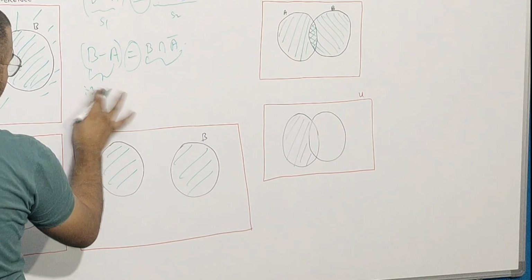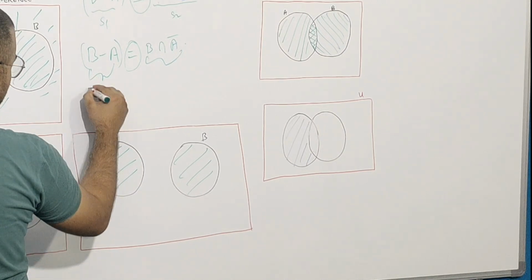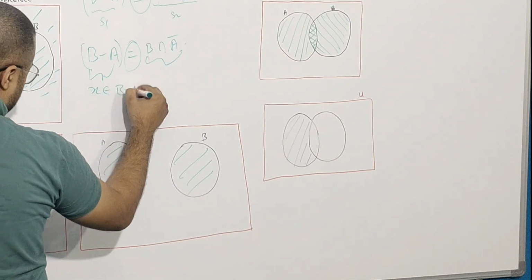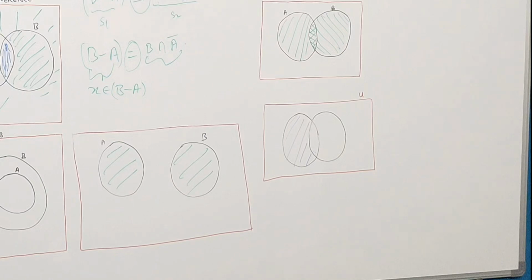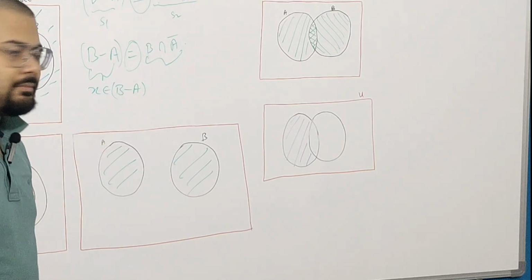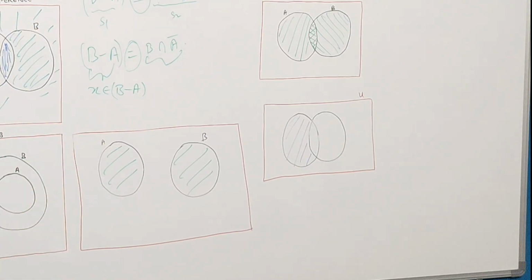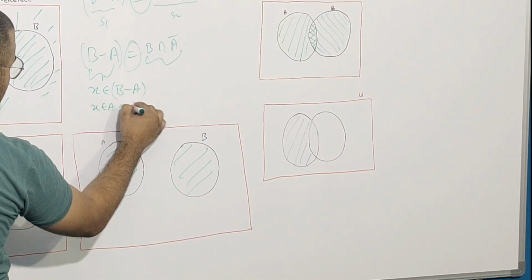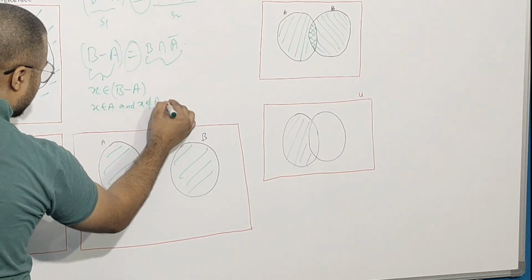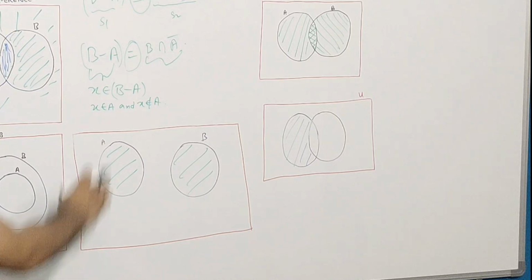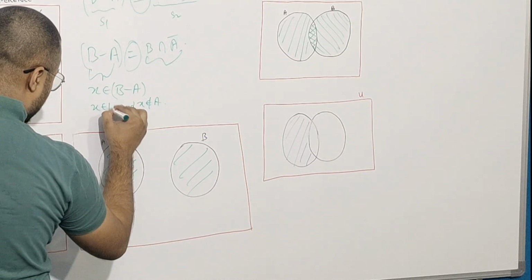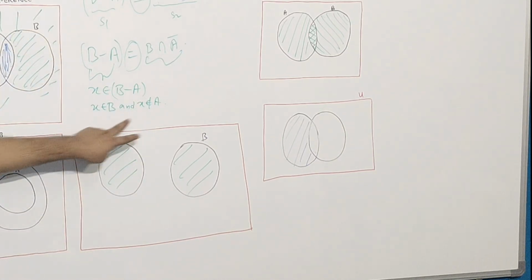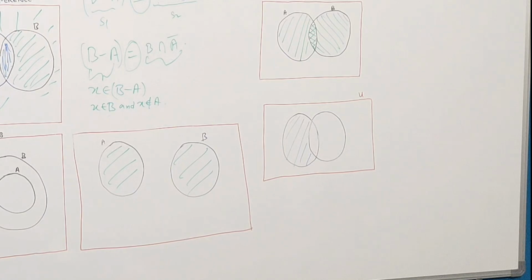I will take that X belongs to B minus A. So what does it mean? It means that X belongs to B and X does not belong to A. Right?